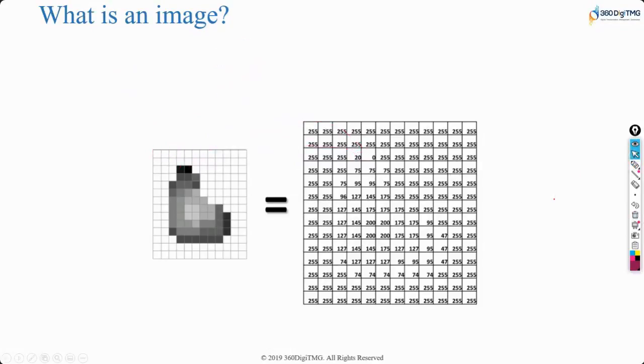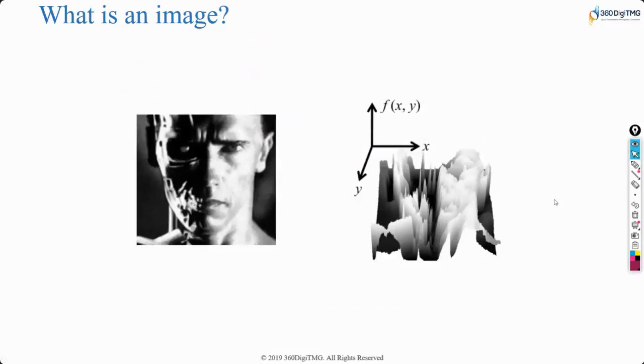Then, an image can be represented as a function. Any image can basically be represented as a function. If you look at this Arnold Schwarzenegger image, it appears as if it's a function, right?